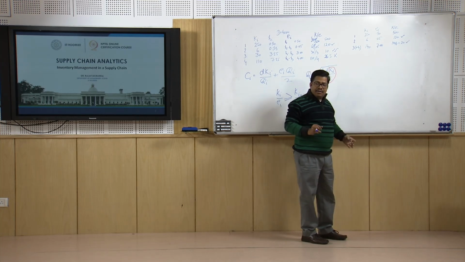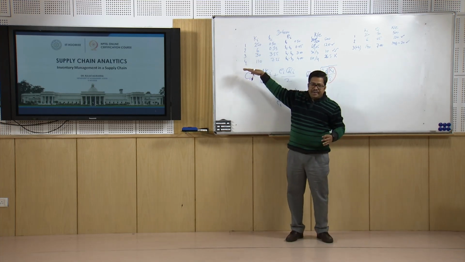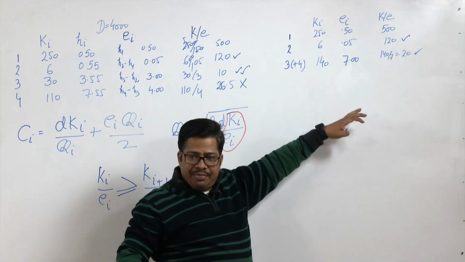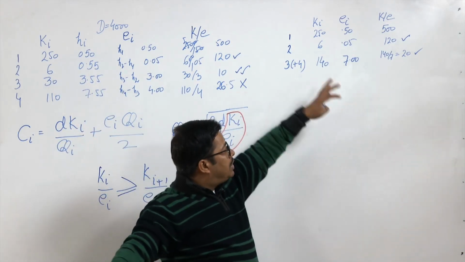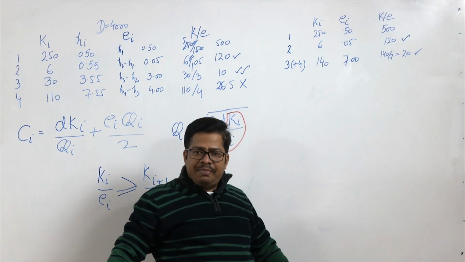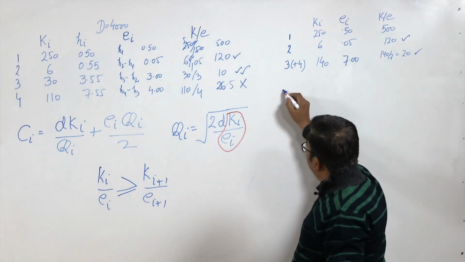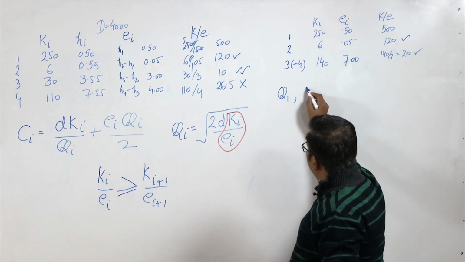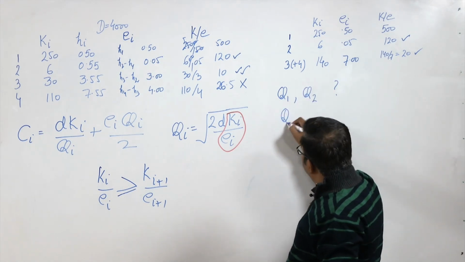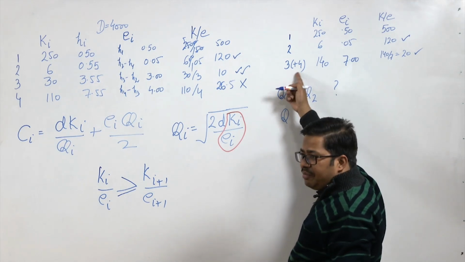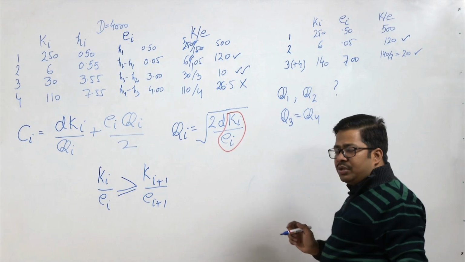The results, because now we have reduced a 4 installation problem into a 3 installation problem. For that purpose the results will be, you need to calculate Q1 and Q2, but whatever we calculate for this stage, the meaning is that Q3 is equal to Q4.